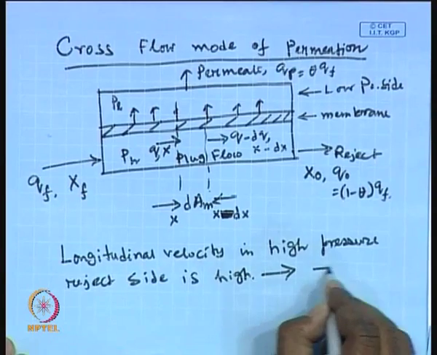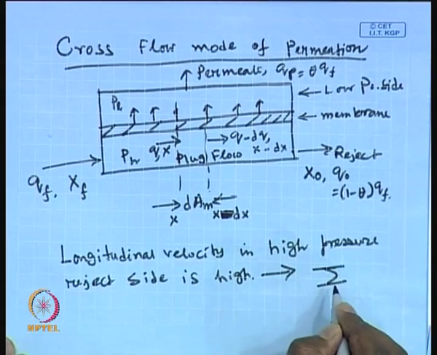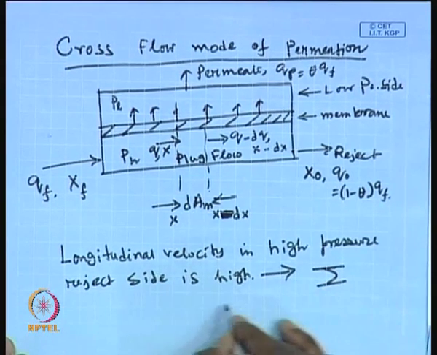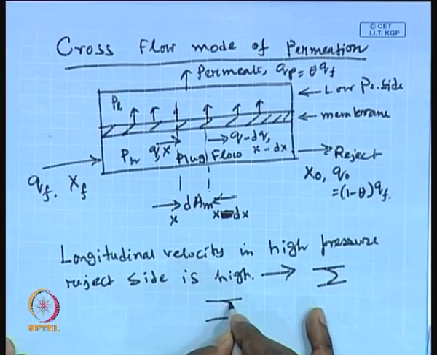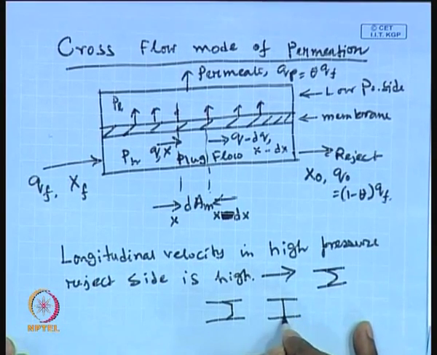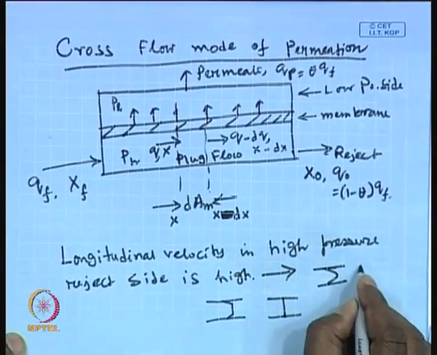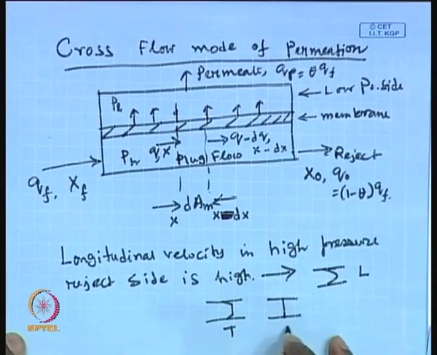Plug flow means there is no velocity variation. That means, for a cross sectional area, if the velocity profile is like this, then it's called a laminar flow. And for a turbulent flow, the velocity profile looks something like this, and for a plug flow, the velocity profile is flat. That means the whole thing moves like a solid plug, so the velocity is uniform, it is not varying with the cross section. So, if you remember, this is the laminar flow, this is the turbulent flow, this is the plug flow.